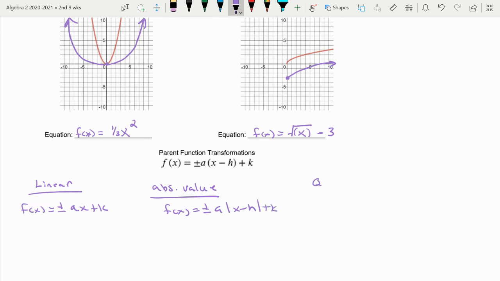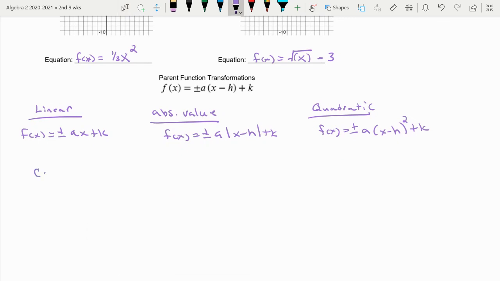Then we have quadratic. And notice how they're very similar to the formulas up top, except I'm changing them with their parent derivatives. Okay, and do cubic. And square root.